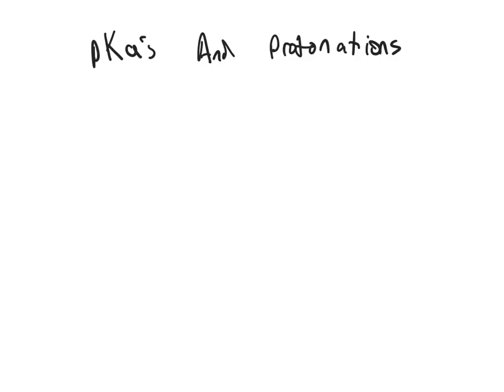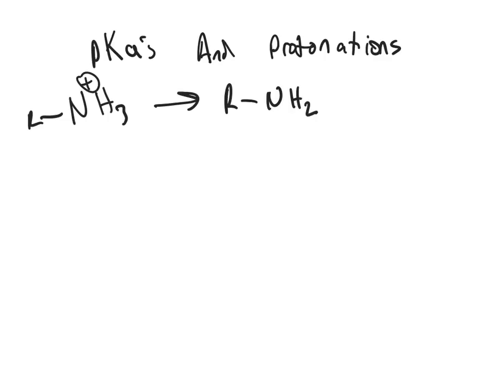You're dealing with nitrogen and oxygen, and it's going to be nitrogen that is positively charged, I'm going to draw just an R here, going to a nitrogen that's neutral.